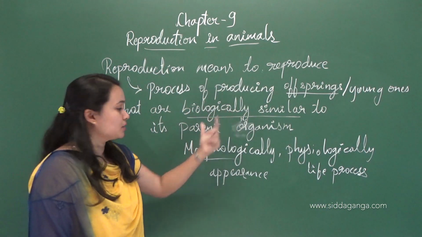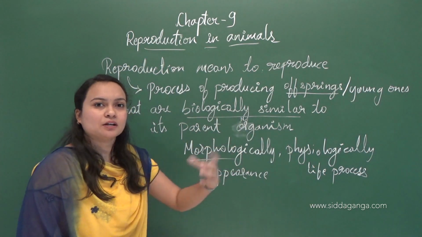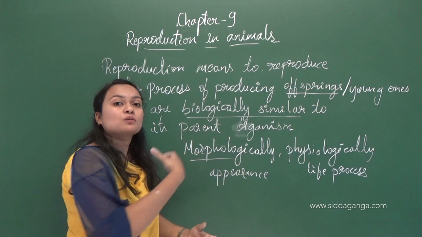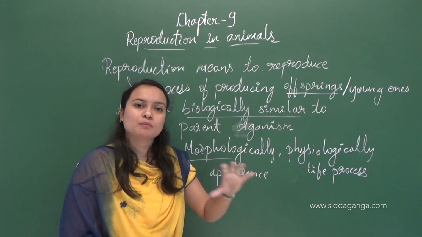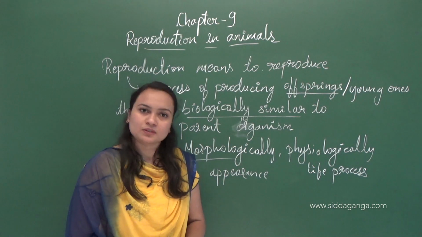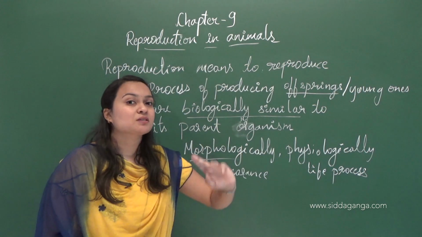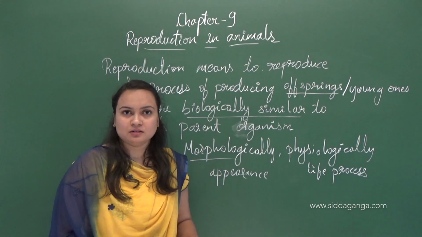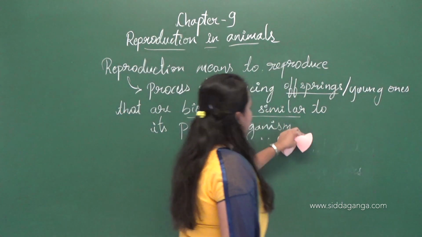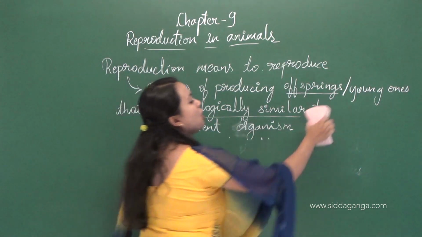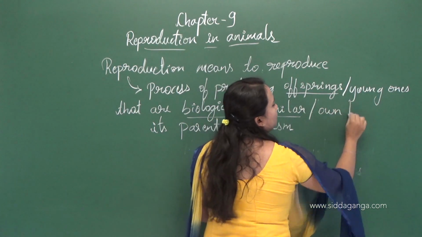So biologically similar means they must give birth to similar individuals which look the same as their parent, and whatever activities take place in the body must also be similar. Here the parent must give birth to a young one which is similar, not identical. What is meant by similar? Similar means of its own kind.